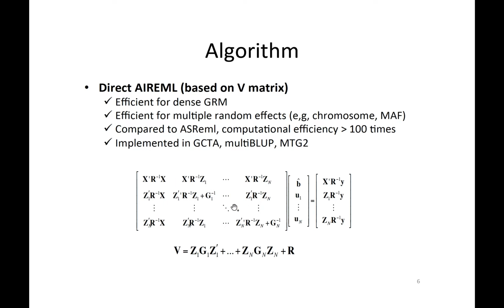Therefore, computational efficiency is rapidly decreased. However, when the same random effects are added in the V matrix for the direct AI REML, the dimension of V never changes. Therefore, the computational demand remains the same, whether using single random effects or multiple random effects. So direct AI REML has a big advantage over mixed model equation based AI REML.